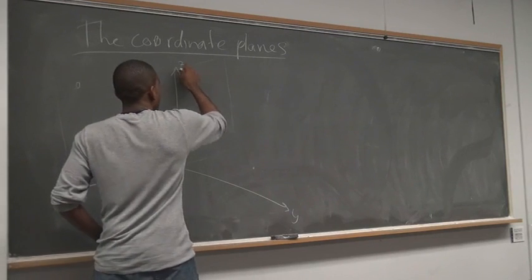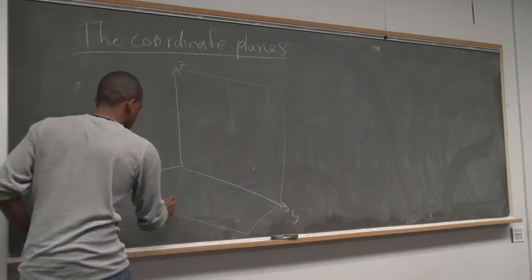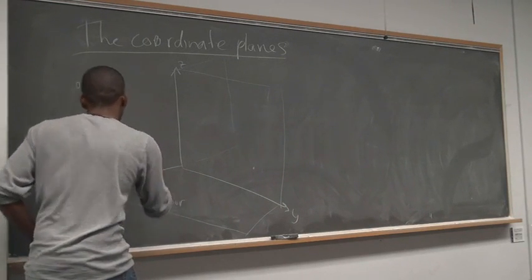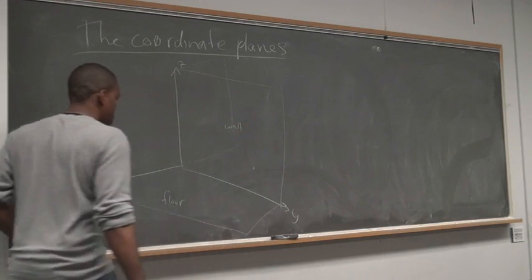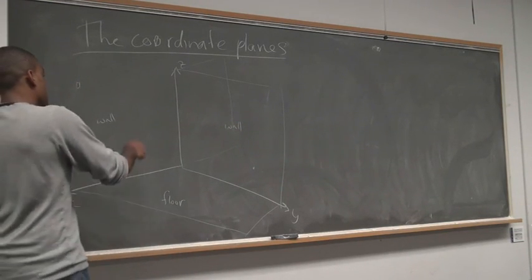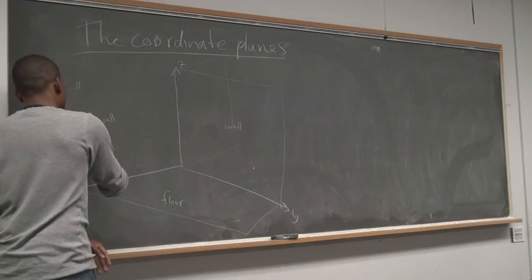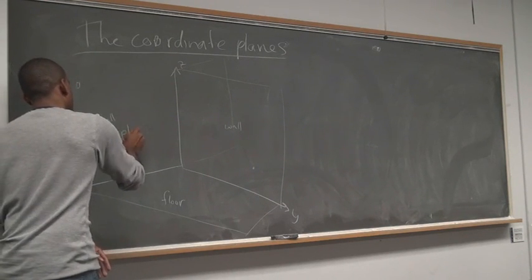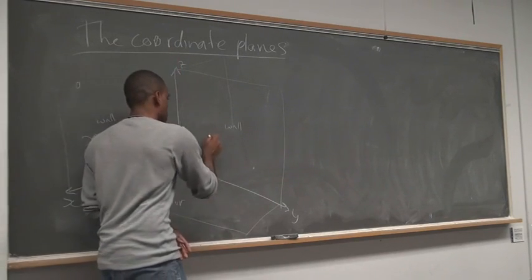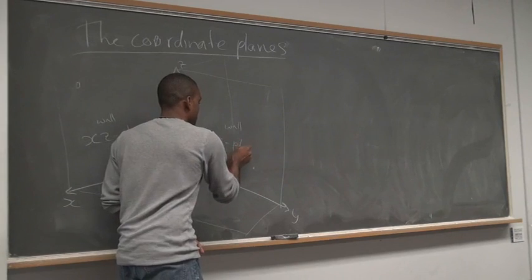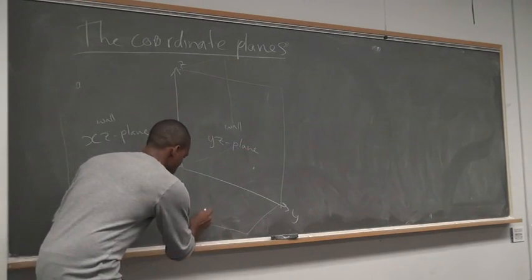And there's going to be another wall coming along this one, and then there's going to be the floor. That's sort of the room model. And this plane here, that's subtended by the x and the z, you call that the xz plane. Right? This one here, that's the y and the z, is called the yz plane. And the xy plane is the familiar xy plane that you've all been used to.